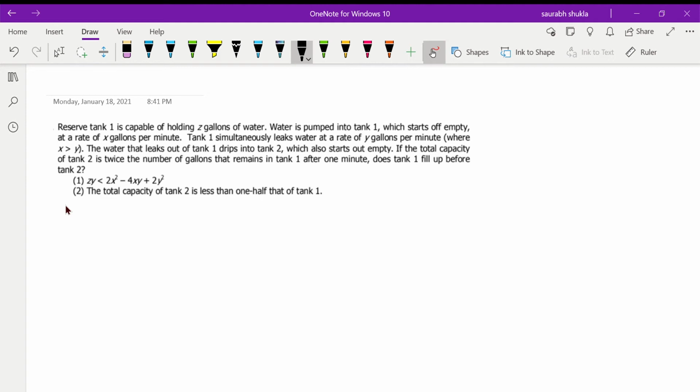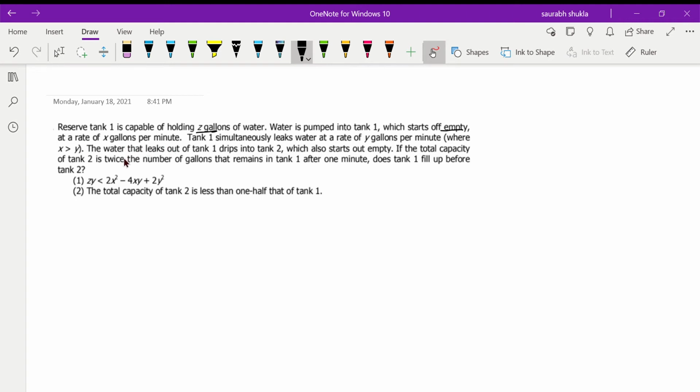It says that reserve tank 1 is capable of holding Z gallons of water. Water is pumped into tank 1, which starts off empty, at a rate of X gallons per minute.